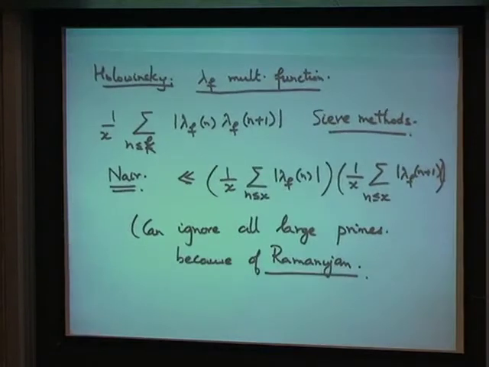So the moral is that in several aspects of this analysis, you use very crucially the fact that you have the Ramanujan conjectures, which is very different from the ergodic theory approach, where the Ramanujan condition is completely irrelevant. You don't care whether your Hecke eigenvalues are large or small.